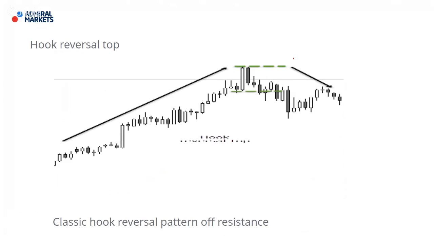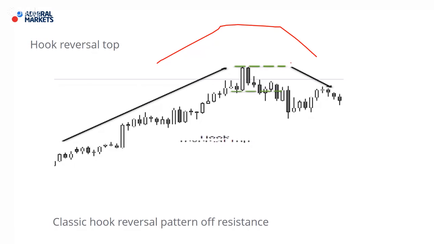Hook reversal tops. Well, this is just a reversal pattern that appears at resistance. When you see that the price is going up, you will usually see a rectangle consolidation after that and a breakout of the rectangle consolidation. So it looks like this roughly. This is very similar to a rounding top.